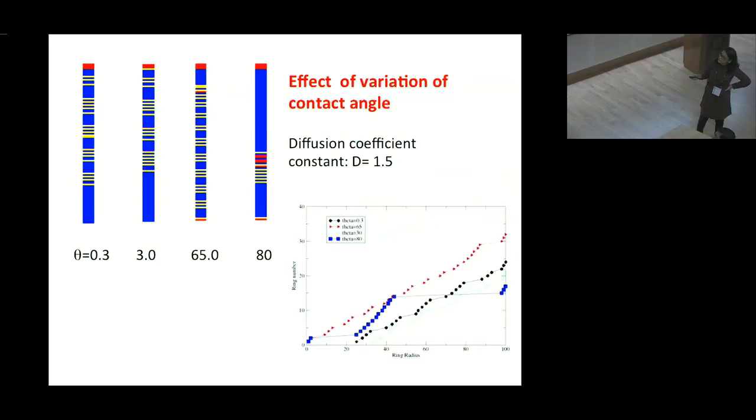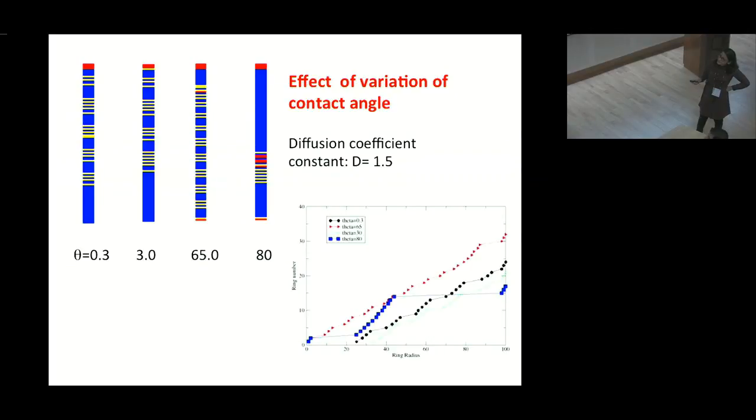And these are our results. We've varied the angle of contact because that is contained in the evaporation flux value, velocity. So basically, advection is controlled by the angle of contact variation. These are for different contact angles with the same diffusion coefficients, and you can get different ring patterns.